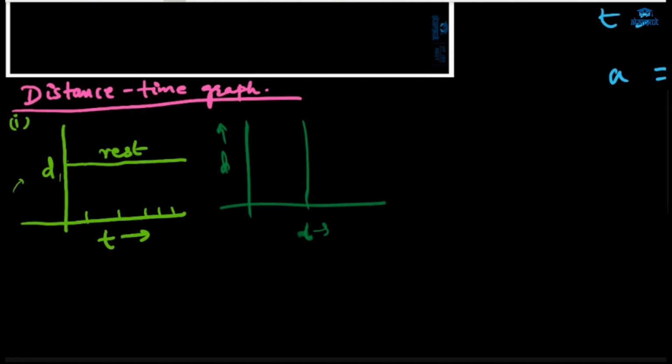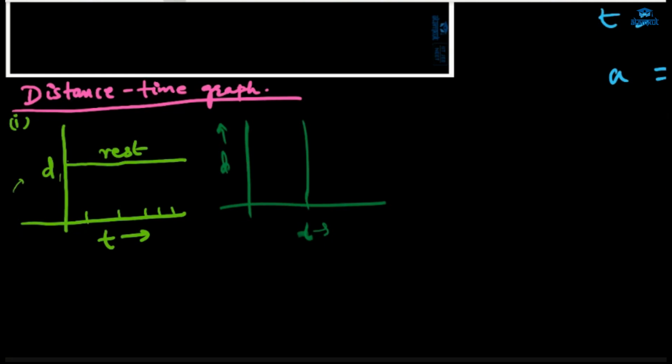Ma'am, I think distance is increasing, time is not increasing. Yes, distance is increasing in this graph. And ma'am, time is increasing, and at a point the object is at rest after moving some distance. Anna, what do you think? Is it in rest? Is it doing uniform motion? Ma'am, I think it's going in uniform motion.